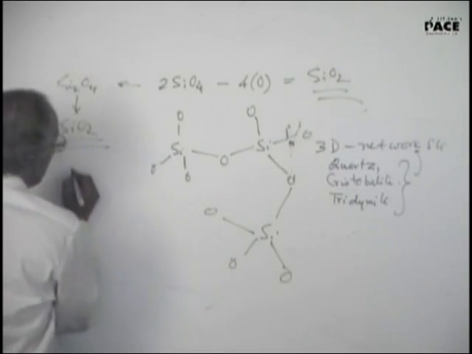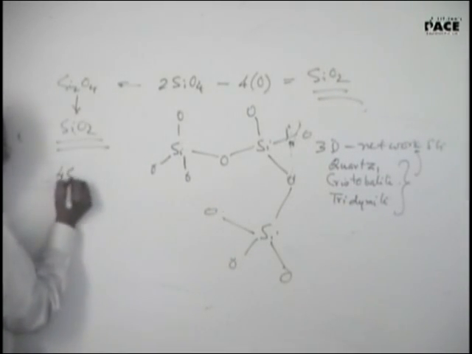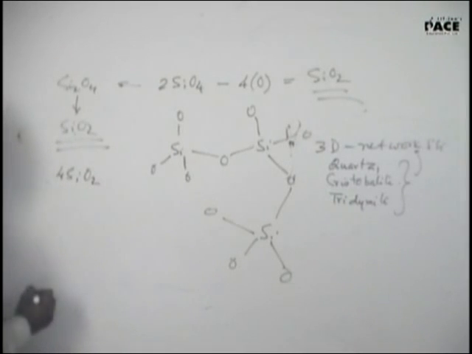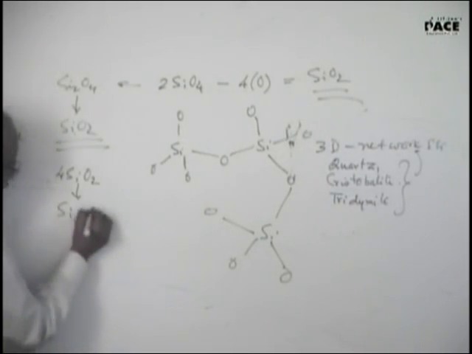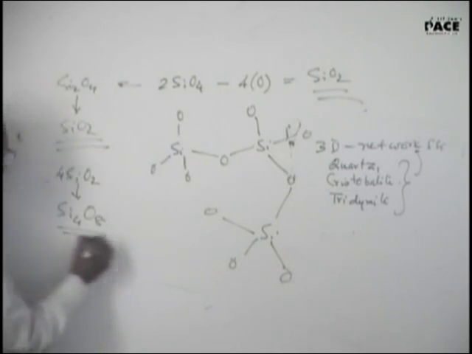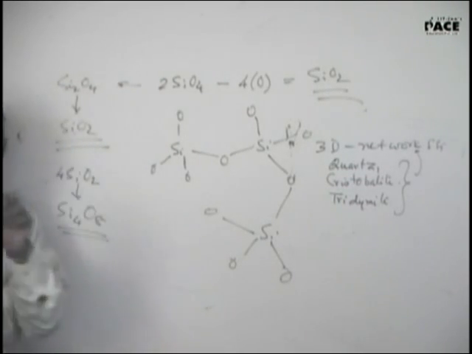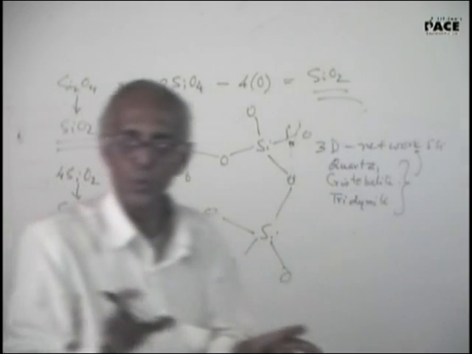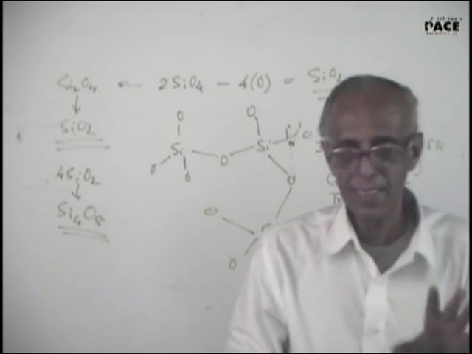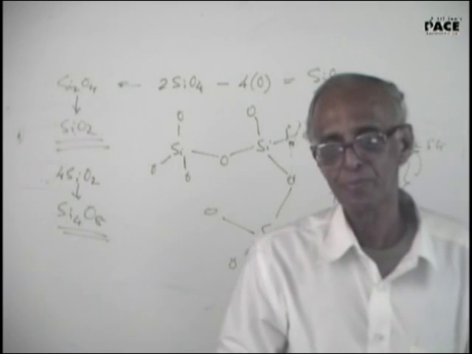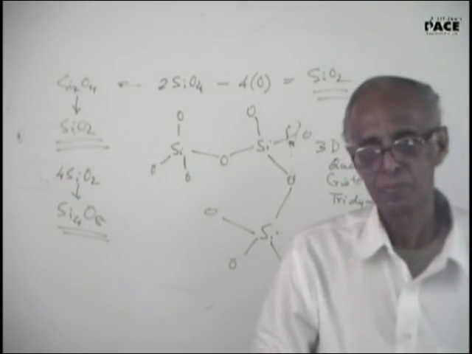If I take 4 units of SiO2, I get Si4O8. Do I get Si4O8 or not? Yes, sir.